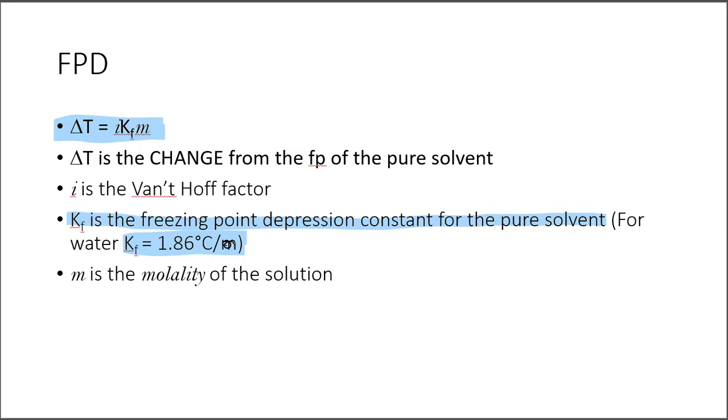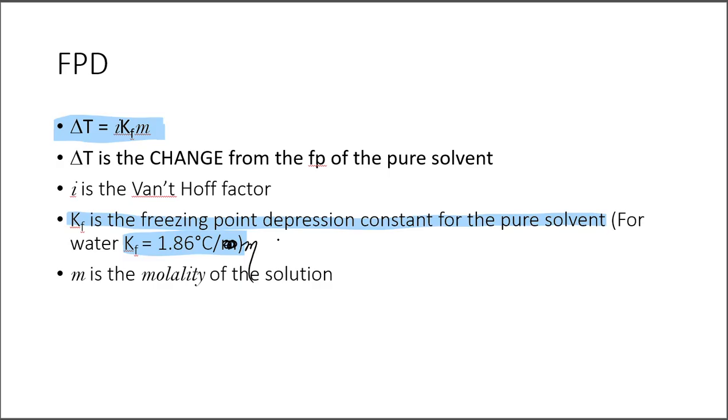I am so sorry. That should be lowercase cursive m, not just printed m. So every increase in molality lowers the freezing point of the solution by almost 2 degrees Celsius. That's a lot. 2 degrees Celsius is a lot.